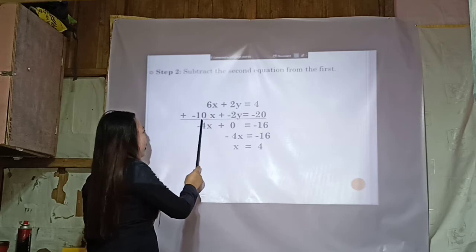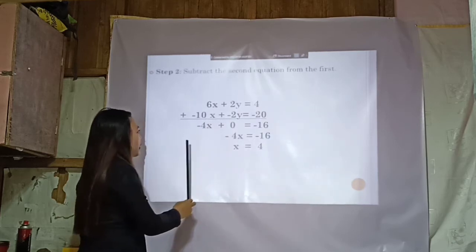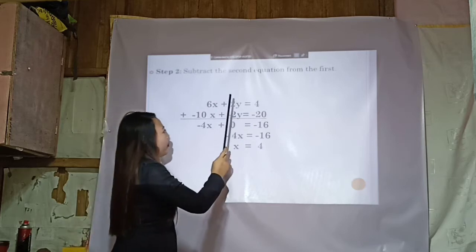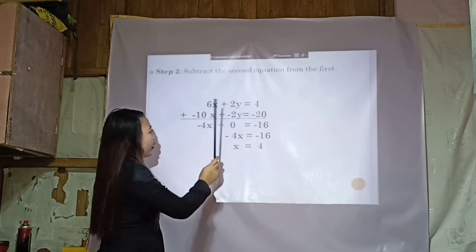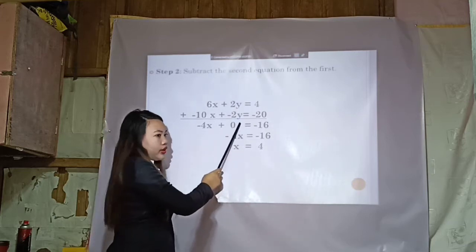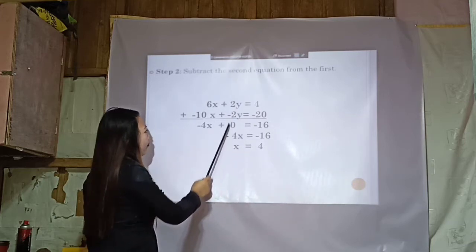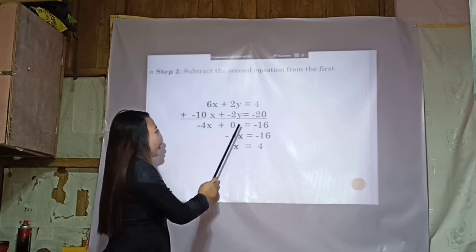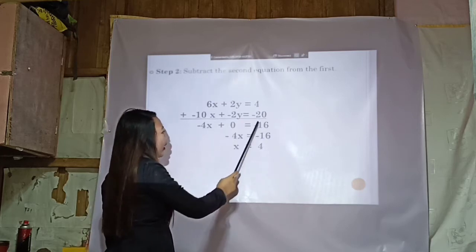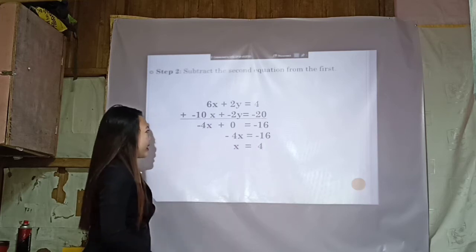So, negative 10x plus 6x is equal to negative 4x. 2y minus 2y is eliminated because the total is 0. So, 4 minus 20 is equal to negative 16.